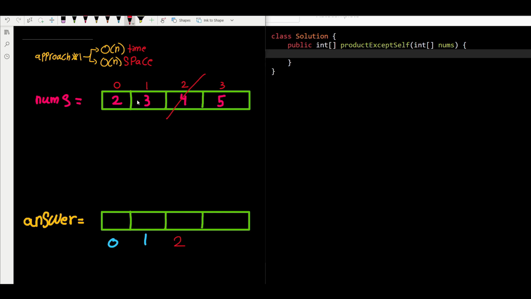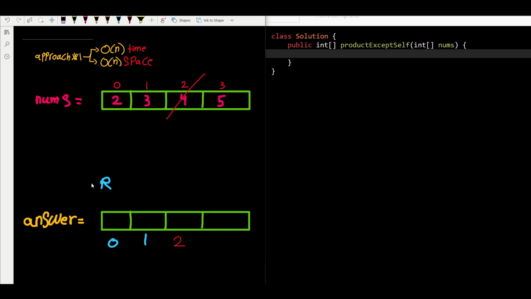Now coming back to the 2 at index 0, we can see that the product of all the numbers except 2 will give us 3 times 4 times 5. Now this is only the right section. What is the left section here? Well, we can put a 1 as the left section because 1 times anything gives you that value. So 1 times the right section.